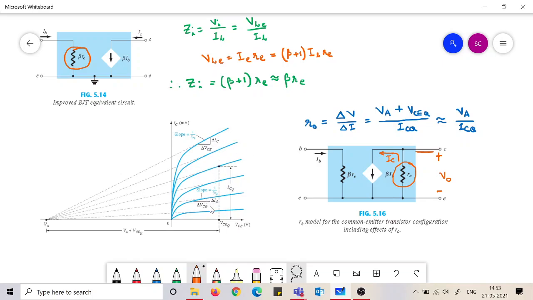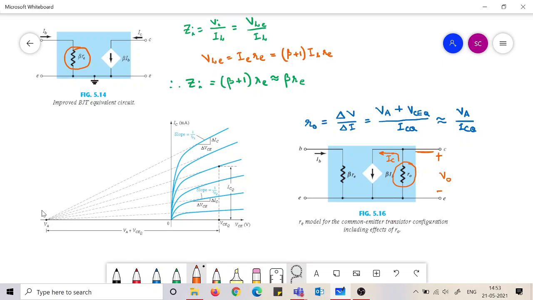It was interesting to observe, and someone named Early observed this, that's why it is called early voltage, that all these slopes can be extended and they join at the same point on the horizontal axis. This point is called the early voltage, VA.